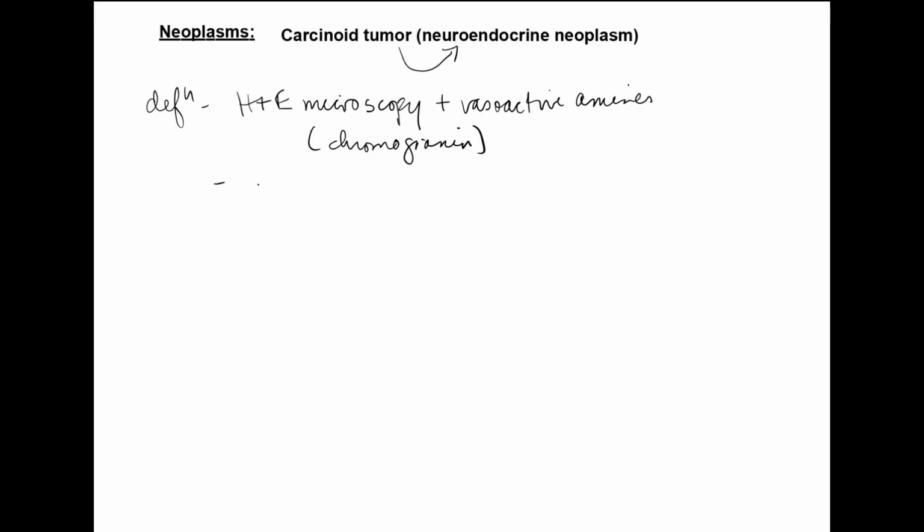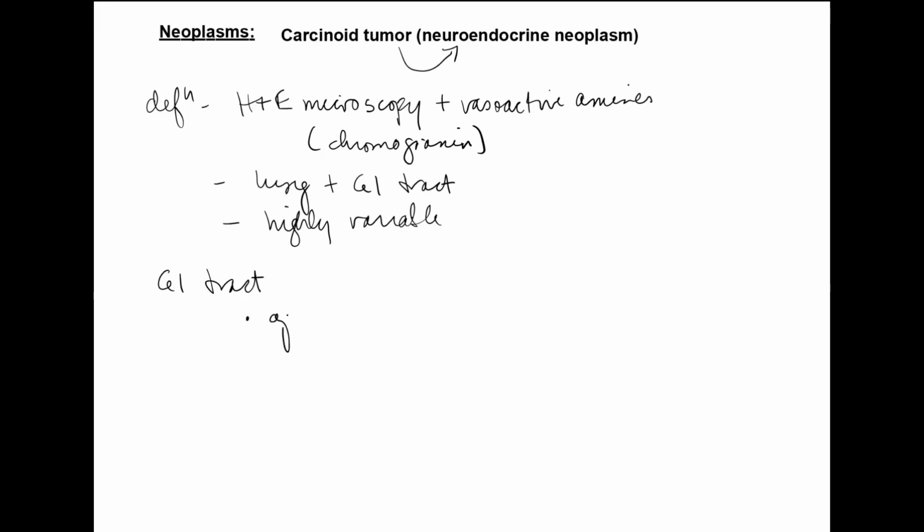Carcinoid tumors are mostly found in the lung and the GI tract, and they have a highly variable presentation. In the GI tract, the most common site to find them is in the appendix, and they're often an incidental finding, and they usually have a very indolent course.